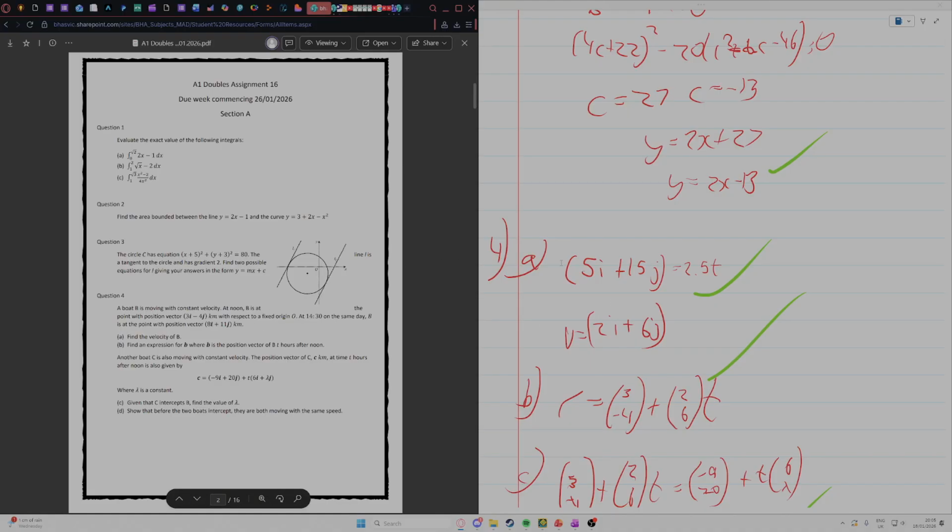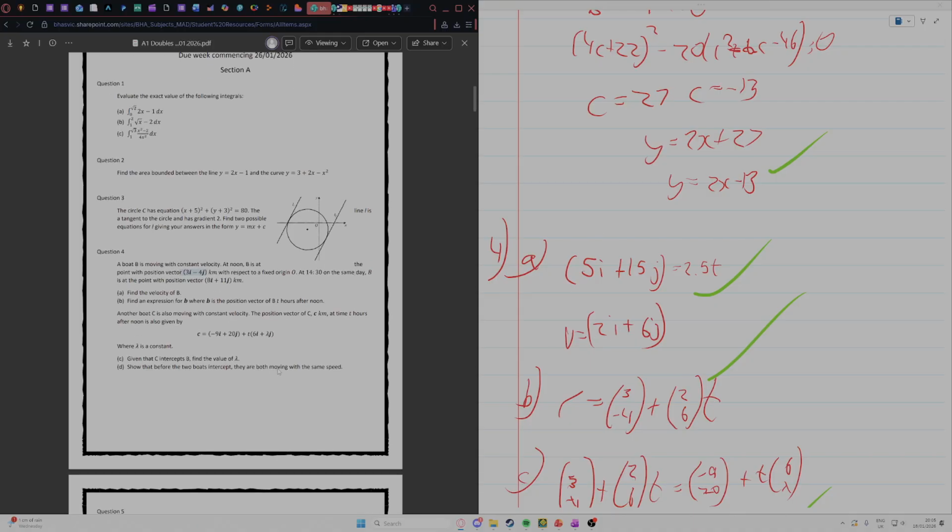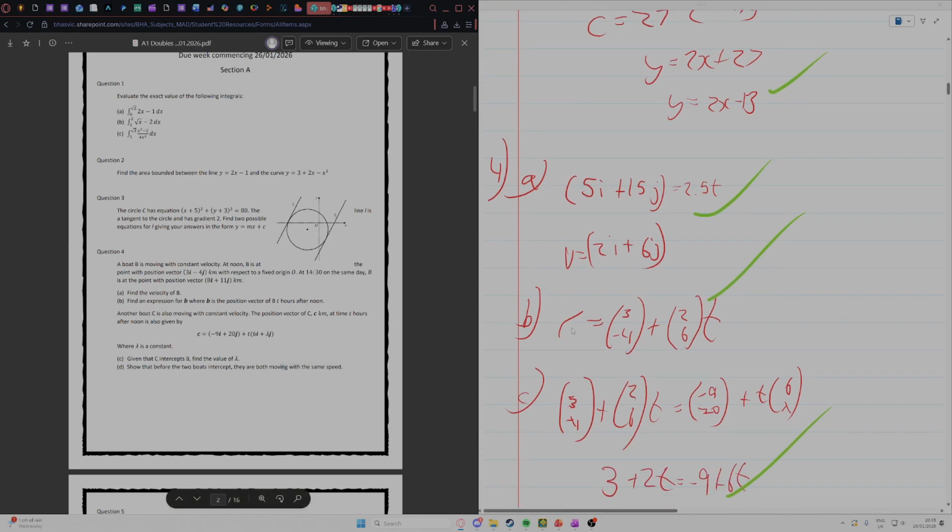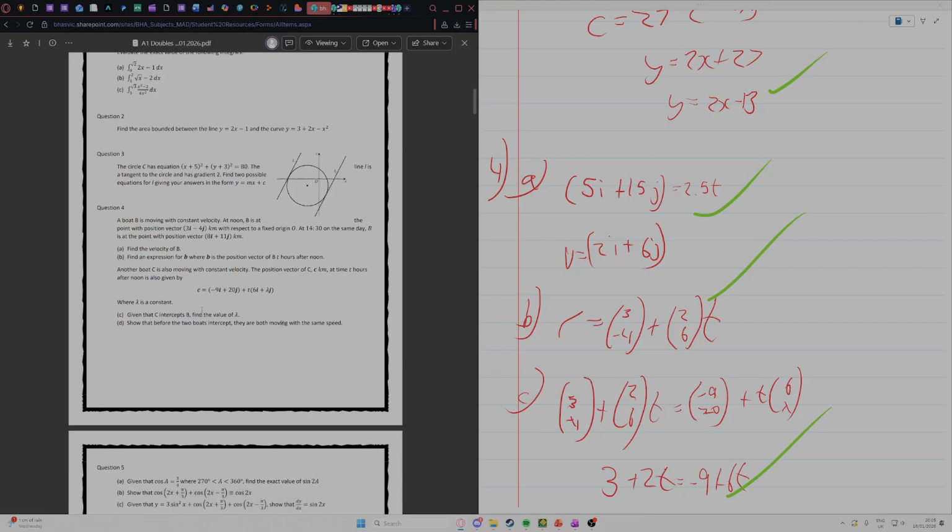The velocity is going to be the change in displacement over the change in time, which is 2.5 hours, and the change in displacement is this minus this. I don't know why I wrote equals 2.5t. It should just be over 2.5, and then you can divide and get your velocity. Expression for b, well, this is common, so r equals r0 plus vt. Write it down.